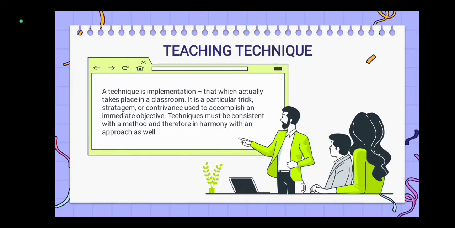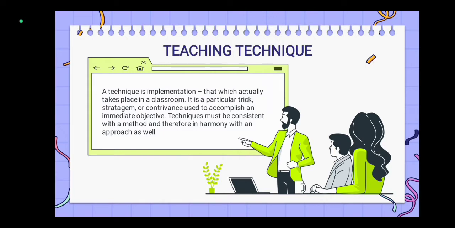And the next, teaching technique. A technique is the implementation that actually takes place in a classroom. It is a particular trick, strategy or contrivance used to accomplish an immediate objective. A technique must be consistent with a method and therefore in harmony with an approach as well.